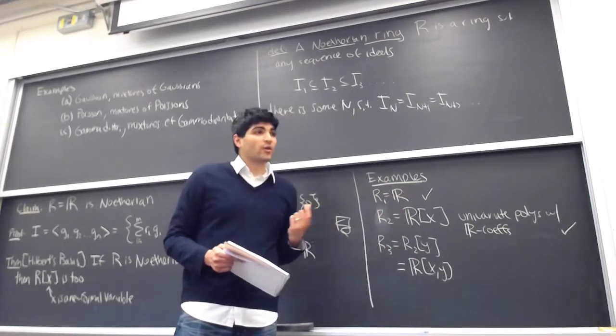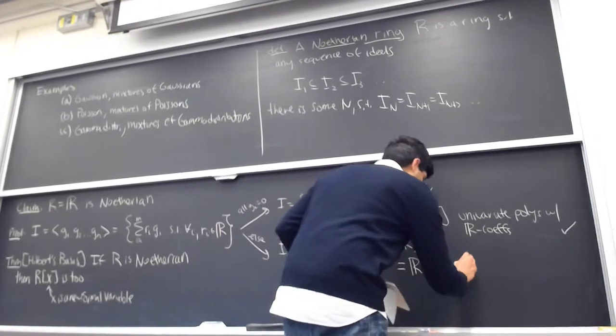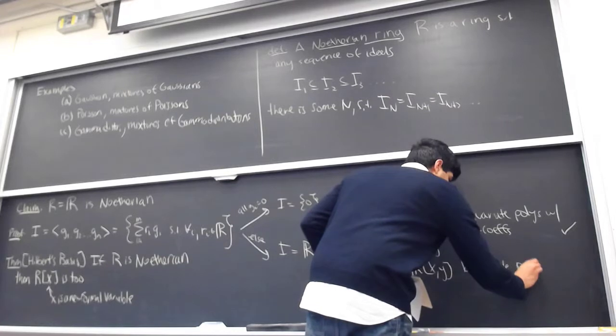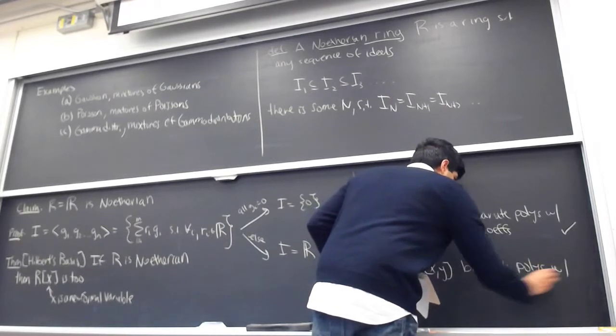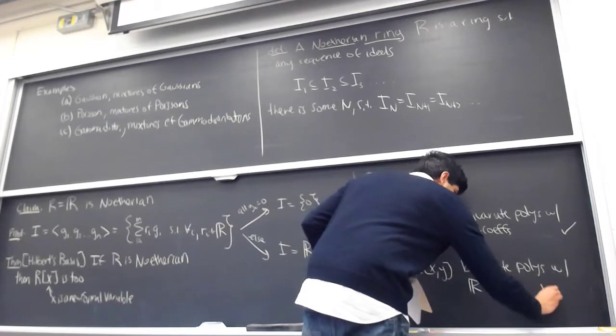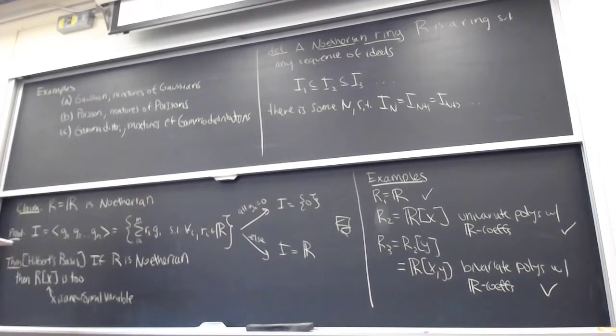And when you multiply that out, you get some polynomial in x and y. So these are the bivariate polynomials with, again, real coefficients. And again, we know it's Noetherian. Are there any other questions about this? We can use it now.